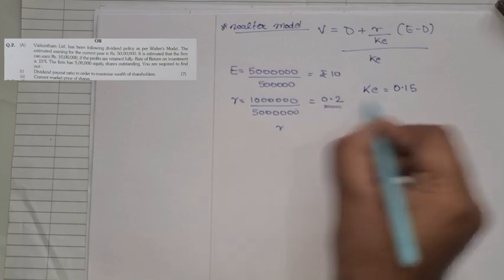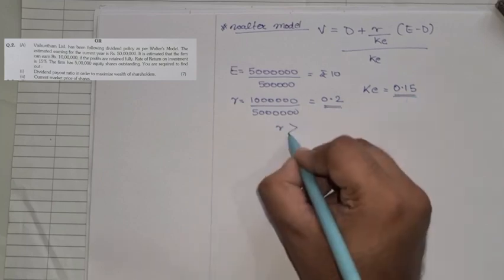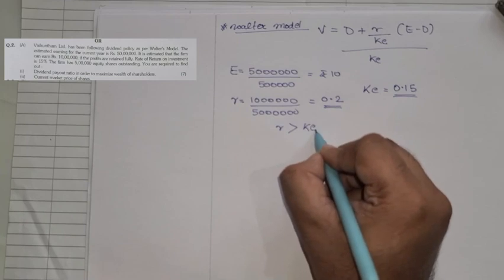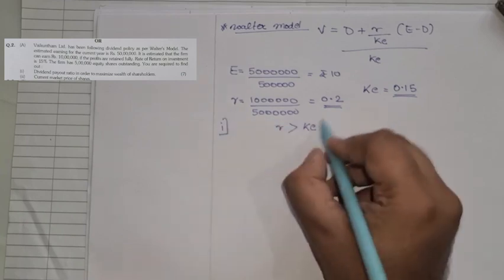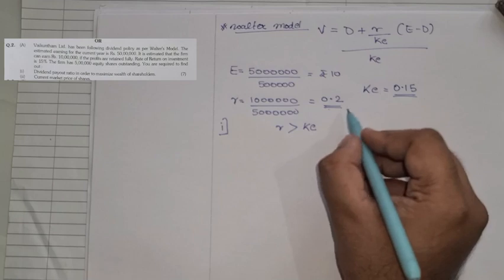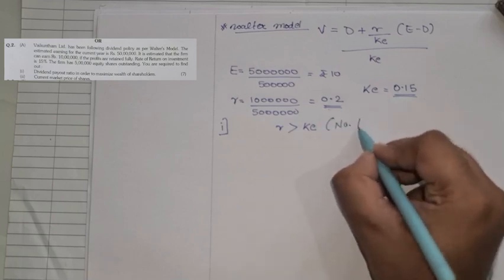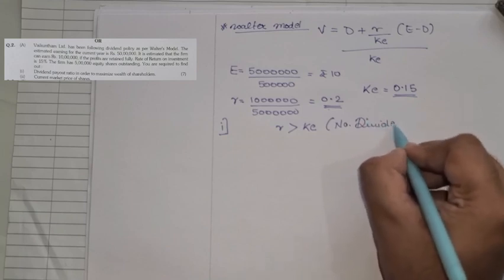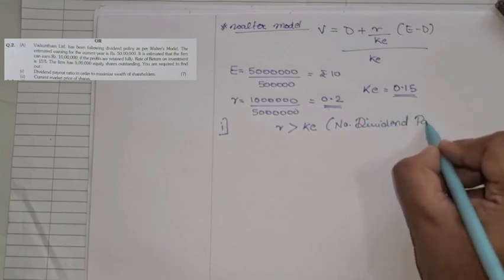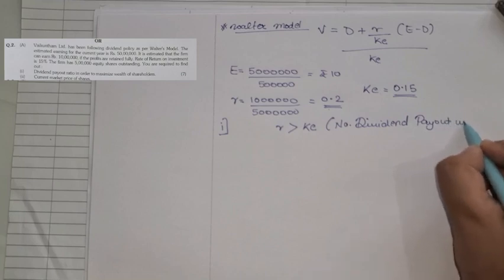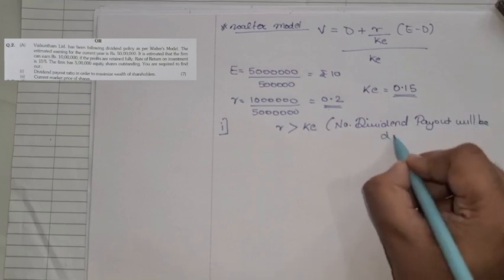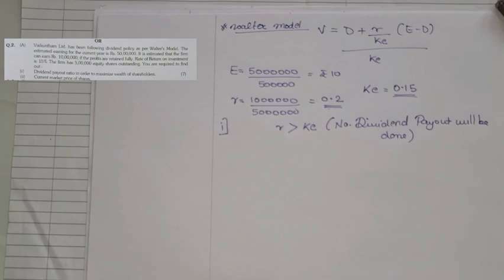Since your R is greater than KE, always remember, if your R is more than KE, no dividend payout will be done. Whenever the return is more than your cost, there is no need to give any dividend, so no dividend payout will be done.